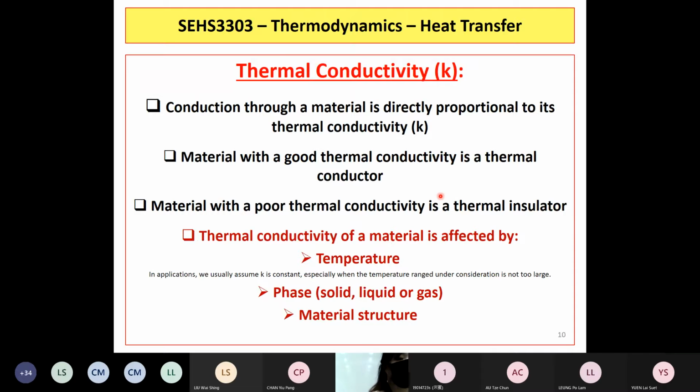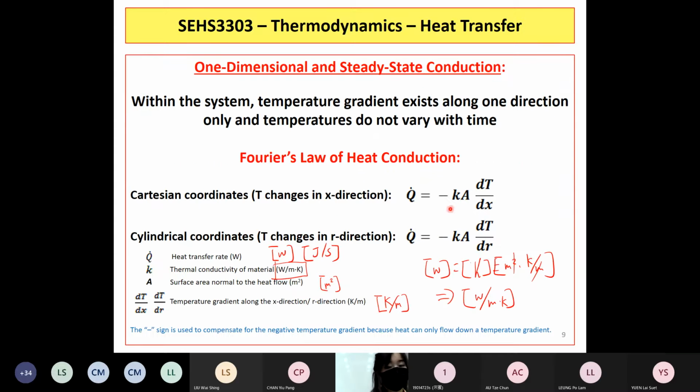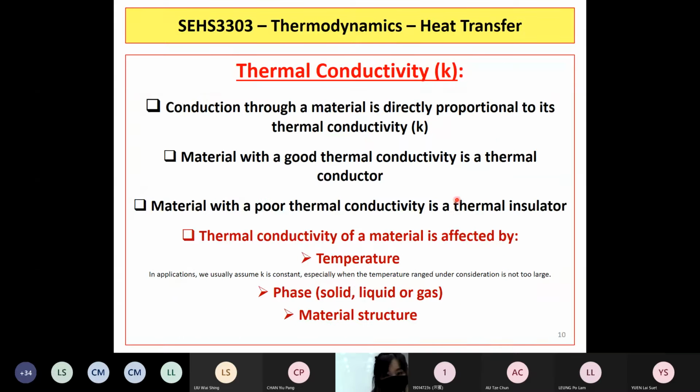Okay, thermal conductivity. As I said, it is a material property. The conduction through a material is directly proportional to K, the thermal conductivity. A material with a good thermal conductivity is a thermal conductor.